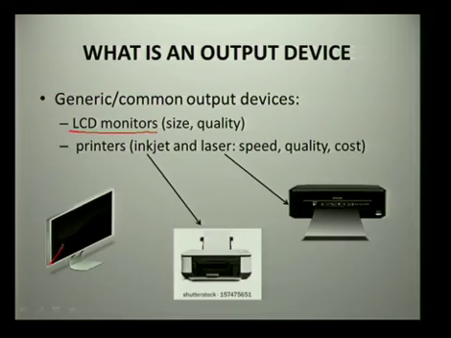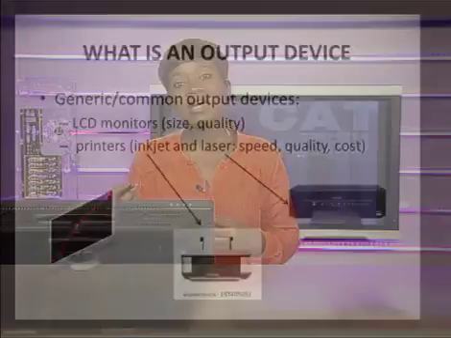The size of the screen is measured diagonally, from the bottom to the top diagonally. That's how it's measured, as well as the quality. The quality means the image that you receive on the screen. LCD monitors produce better image quality when you compare them to CRT.